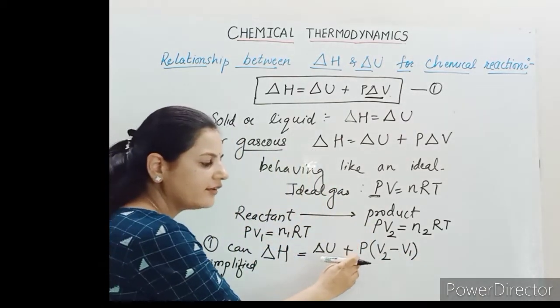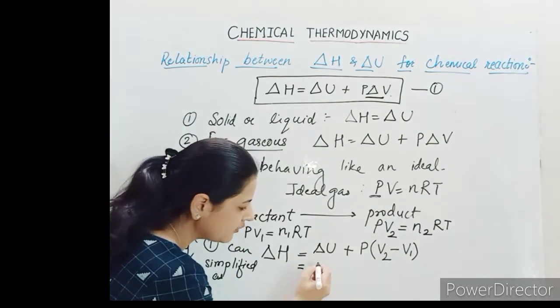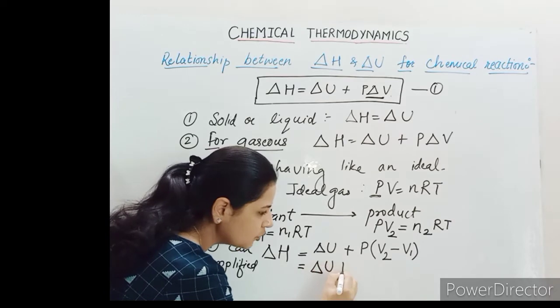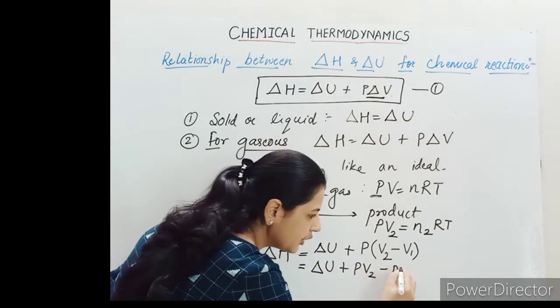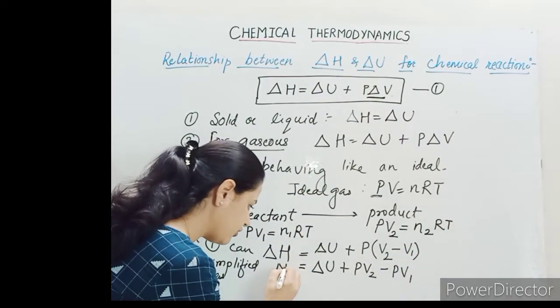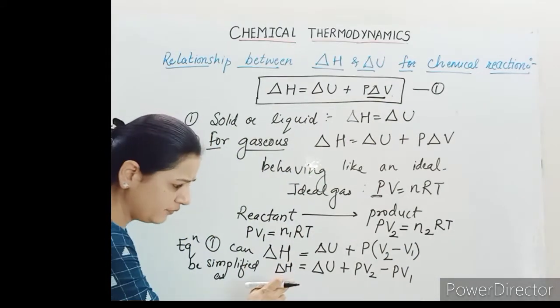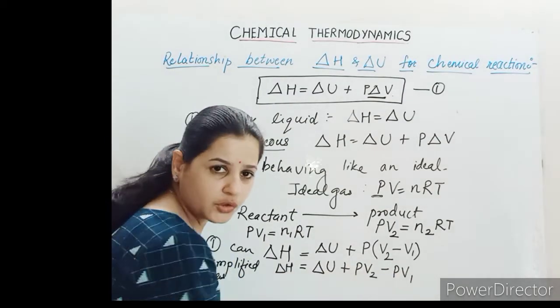Means I can write like this, P(V2 minus V1). And if I open this bracket, then it will become delta U plus P into V2 minus P into V1. Yes, this will be my equation. Delta H is equals to delta U plus P into V2 minus P into V1.